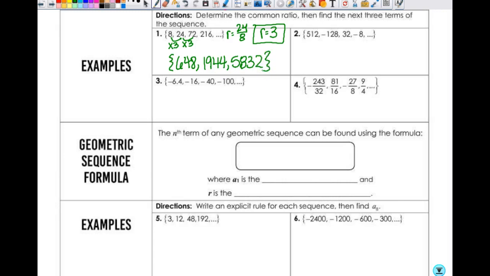So in this case, no fancy formula is required. You could just literally multiply by 3 because there's not that much that you have to find. We all good? All right, y'all do number 2. Find R and then find the next 3 terms.